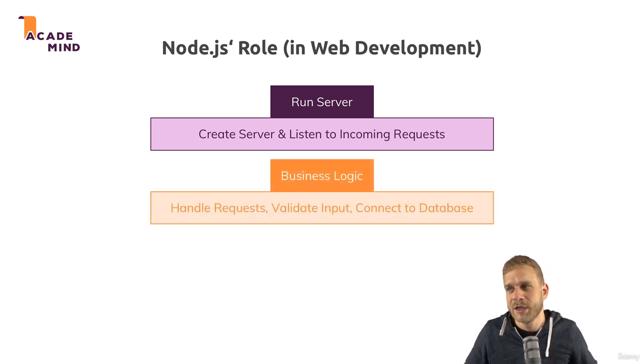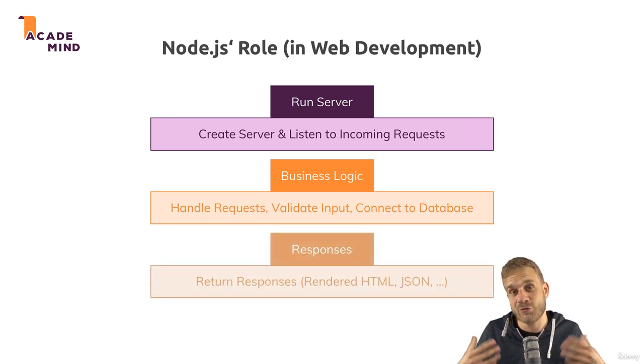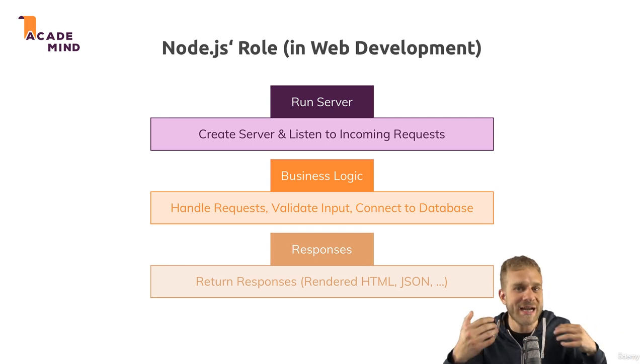We also use it, or we therefore also use it, to run all our business logic. So not just to listen to incoming requests, but to then work with the request data, work with files, work with databases, all that fun stuff Node.js is capable of, and we'll do all that in this course, obviously. And we also handle the response side, not just incoming requests.